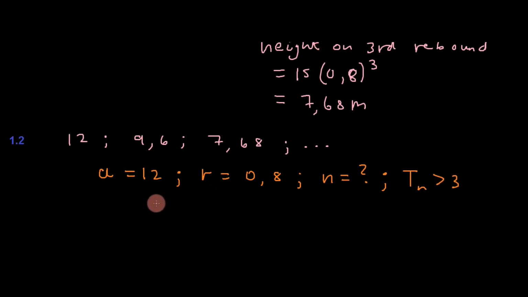So we're going to use the formula t sub n is ar to the n minus 1. And then plugging in our values, we see that A is 12, R is 0.8. We're looking for n, and this is t sub n. So this must be greater than 3.